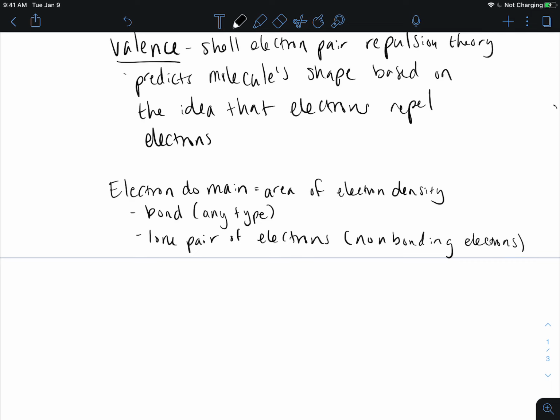Okay. So these are going to be things that are going to repel each other. So in our VSEPR model, we're looking at electron domains around a central atom.